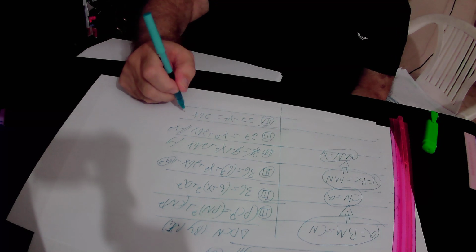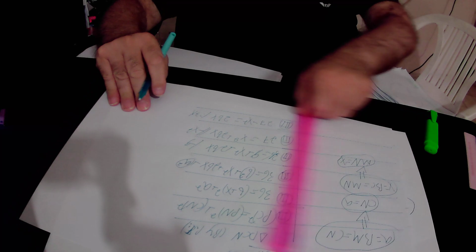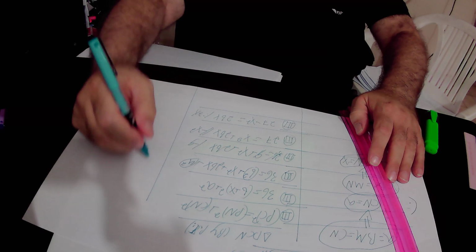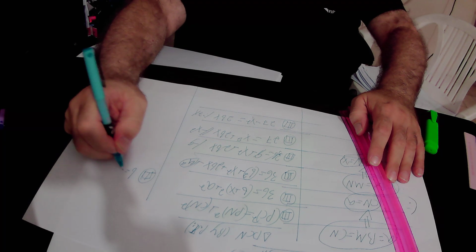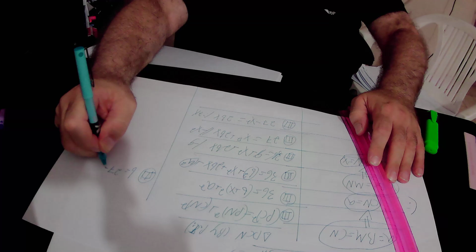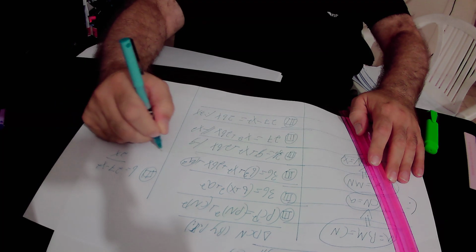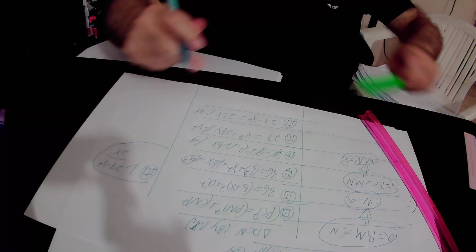Here we divide equation number 3 by 2X, and we get that B equals (27 minus X squared) over 2X. So we got the values of A and B in terms of X.